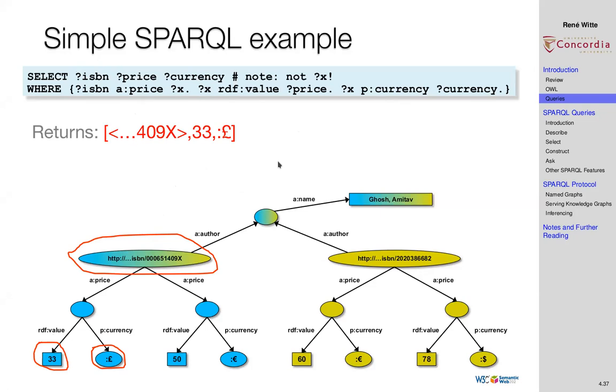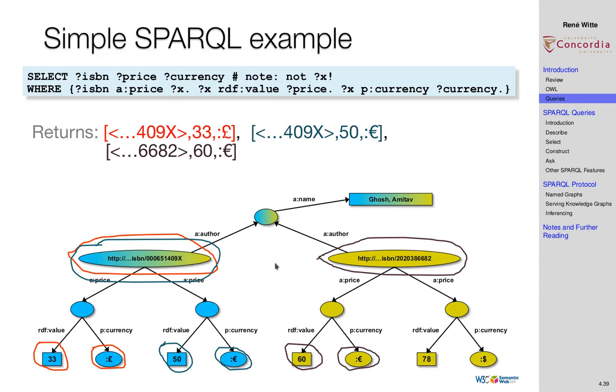Are we done now? No, because this is not the only pattern that will match in the graph. Now we can take the same one and it will continue matching this ISBN number with this value and this currency. Are we done now? Well, by now you should have an idea what's happening.